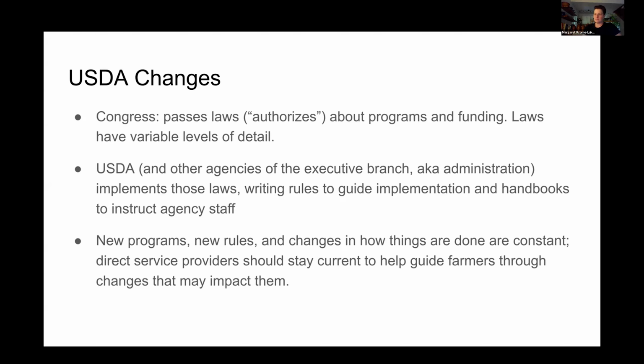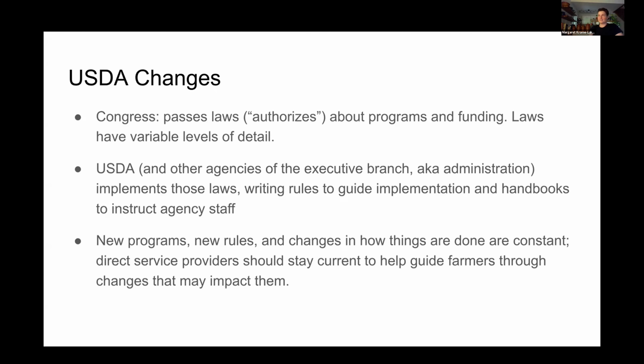But generally speaking, then USDA or other agencies of the executive branch or administration, they implement those laws and they write the rules that guide that implementation, and they write the handbooks that instruct the agency staff that the farmer is going to meet at the county level. Change is pretty much a constant at USDA. Every administration is going to want to do its own thing, basically.